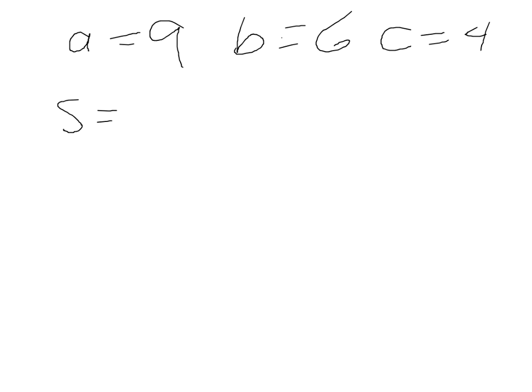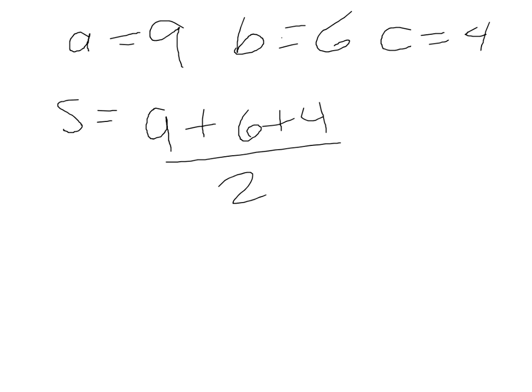Here we have a equals 9, b equals 6, and c equals 4. So to calculate s, we get 9 plus 6 plus 4 divided by 2. That's 19 over 2, or 9.5.